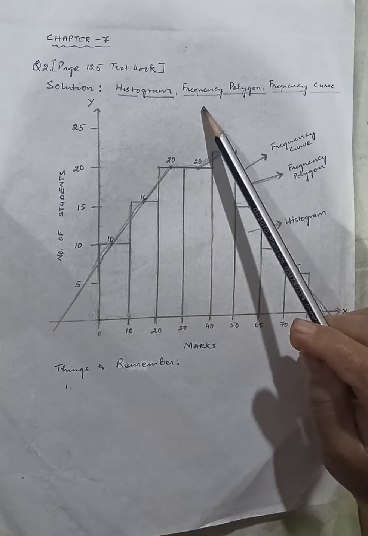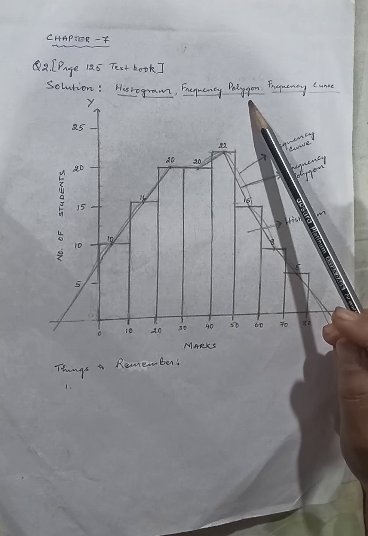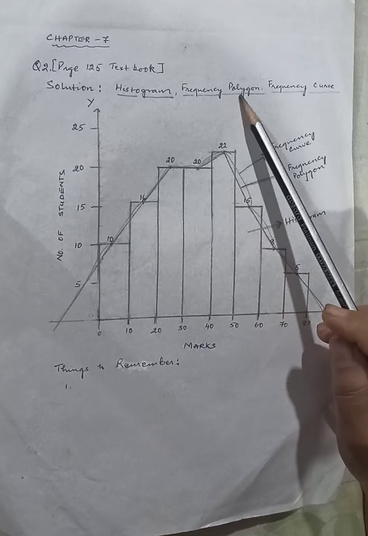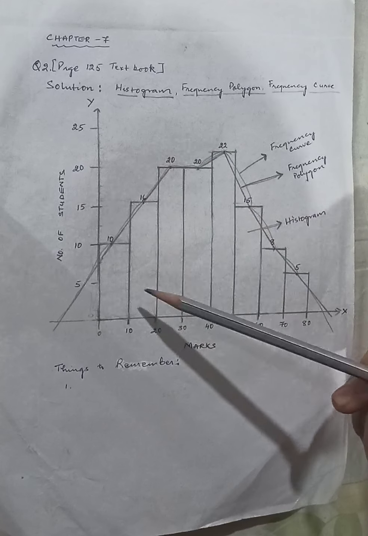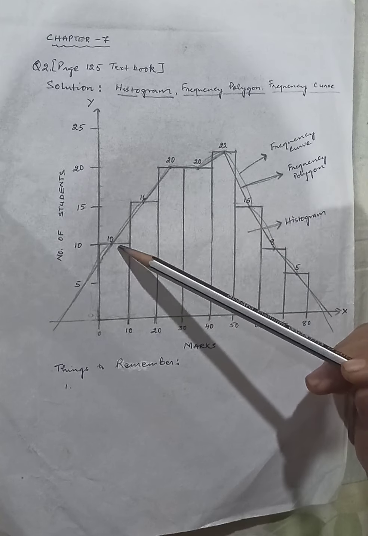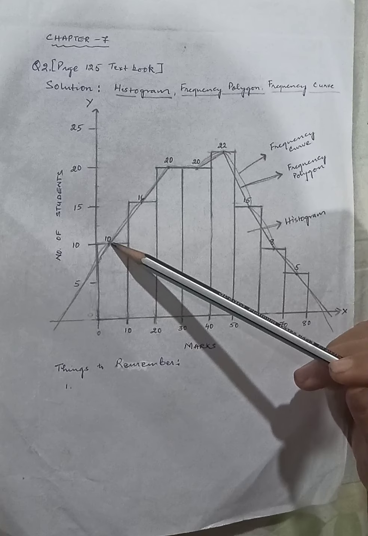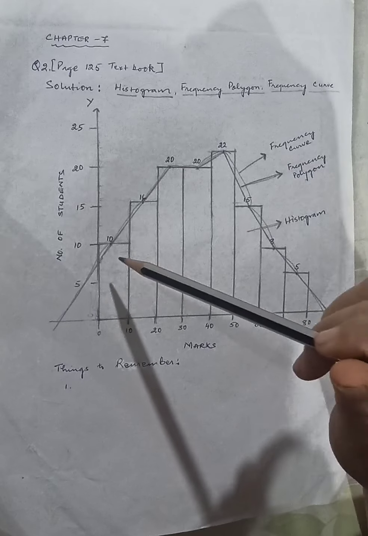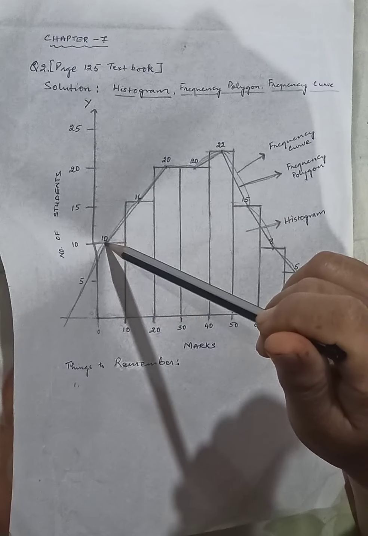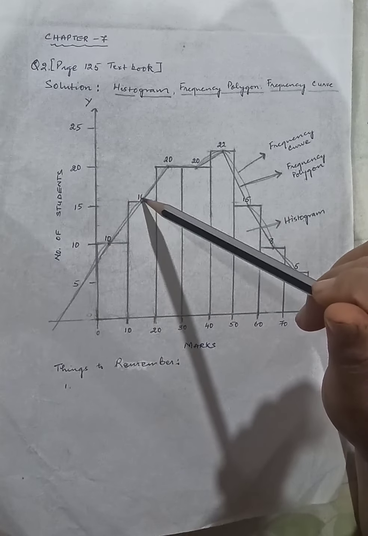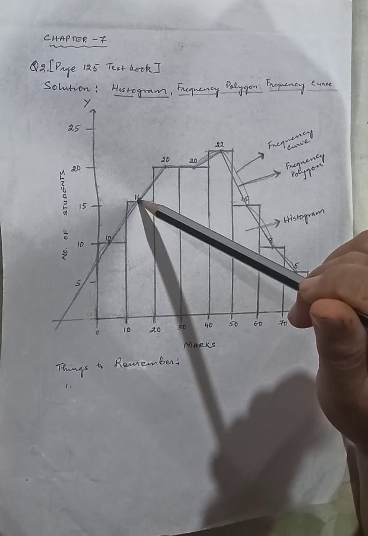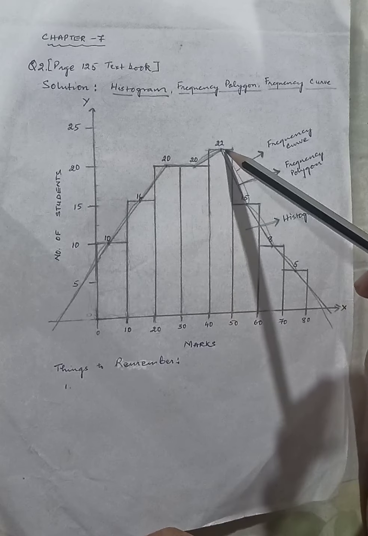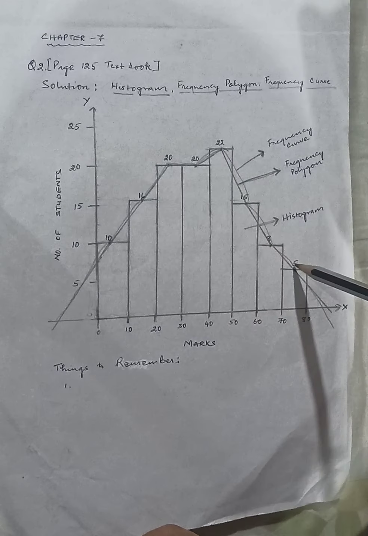And then let's move on to the frequency polygon. In the frequency polygon, we point out the midpoint of each rectangle. We point the middle of the rectangle or bar. We plot here the middle place, and plot, and plot.